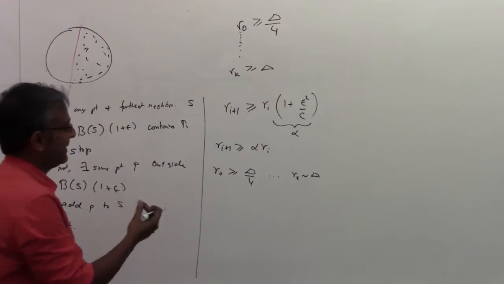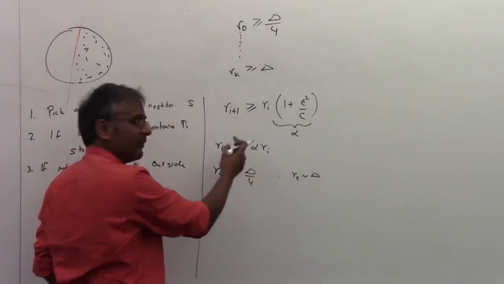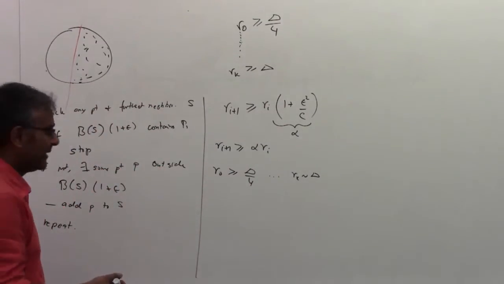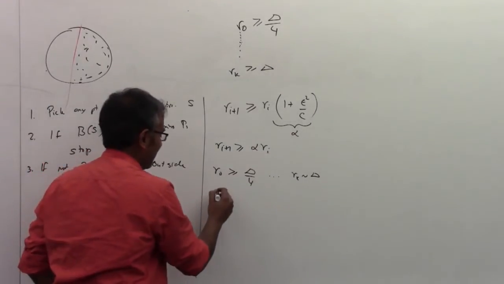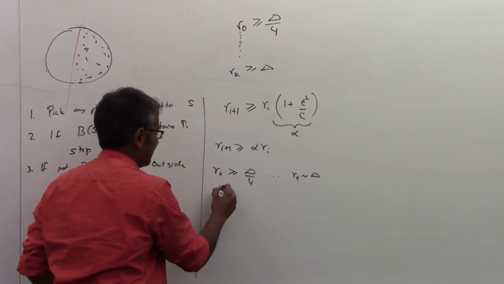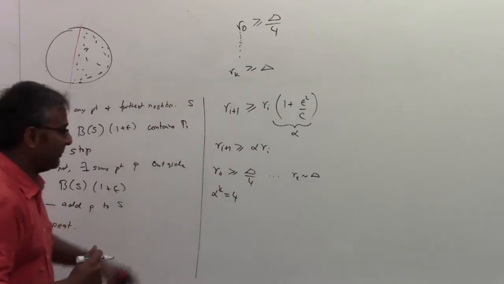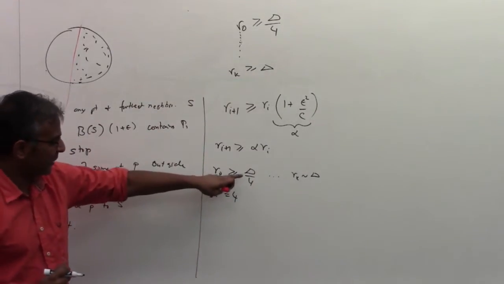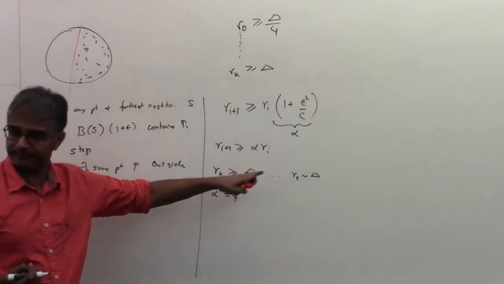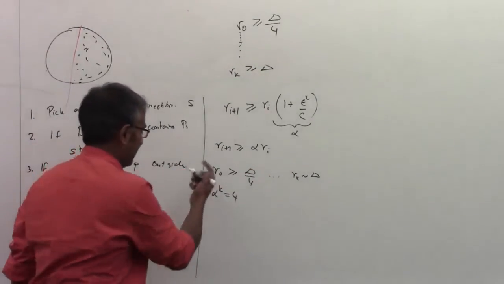So how many steps will it take you to go from here to here? Well, at every step you're multiplying by alpha. So roughly speaking, when alpha to the k is equal to 4, you're done. Because once alpha^k becomes equal to 4, you've gone from delta over 4 to delta. Okay? All right.